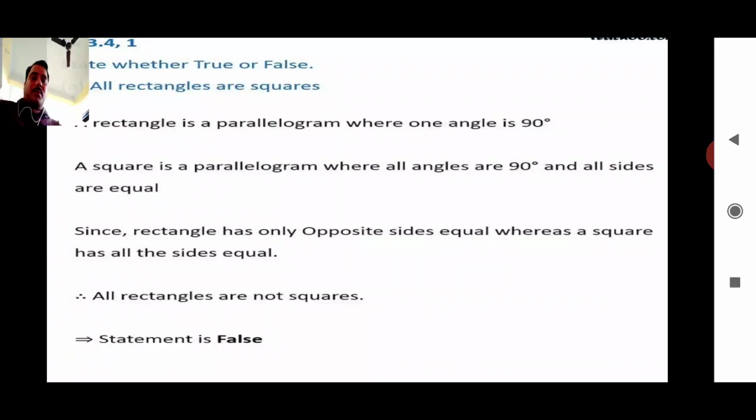Next one. First question of exercise 3.4. State whether true or false. First one, all rectangles are square.